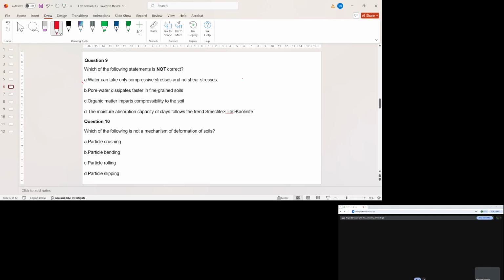That's why we are unable to walk on water. Soil possesses shear strength, which is why we are able to walk on it.